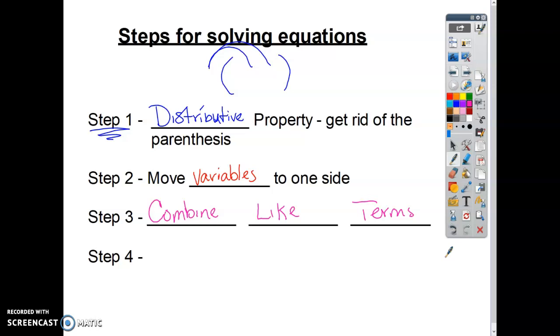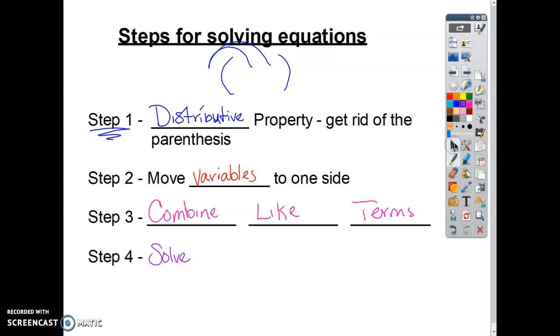And then the last step is solve. Solve for the variable. And a lot of the times it's going to be solved by dividing. The last step is probably going to always be dividing, but it could be multiplying. So I'm not going to put solve by division or solve by multiplication. You just have to solve the variable.